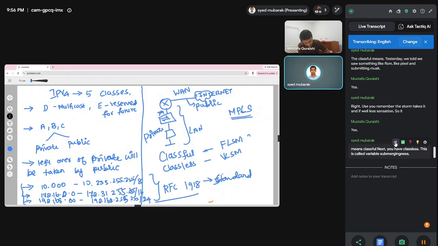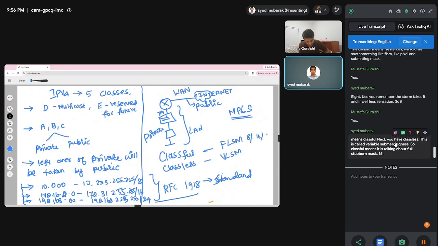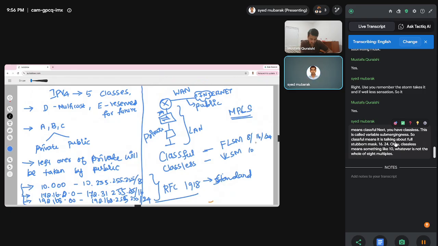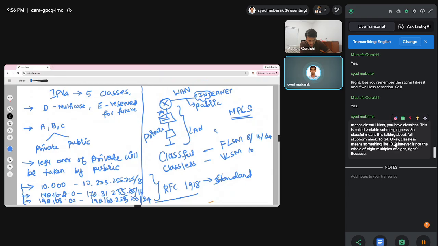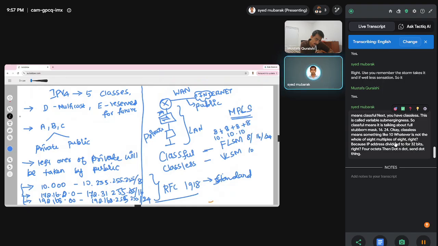So classful means it is talking about full subnet masks like 16, 24. Classless means something like 10, whatever is not a multiple of 8. Because an IP address is divided into 32 bits, 4 octets, correct? 10.10.10.10, this is how the IP address looks.